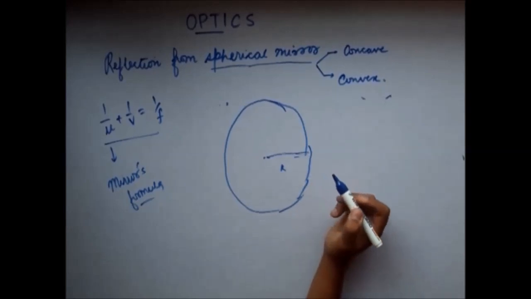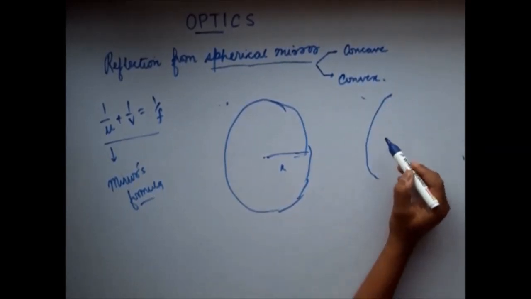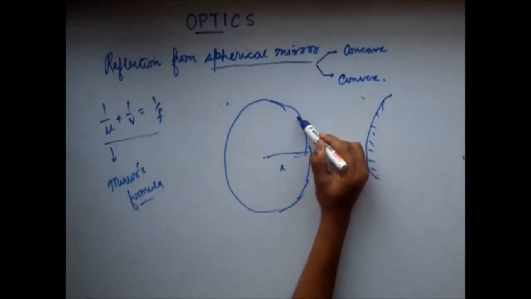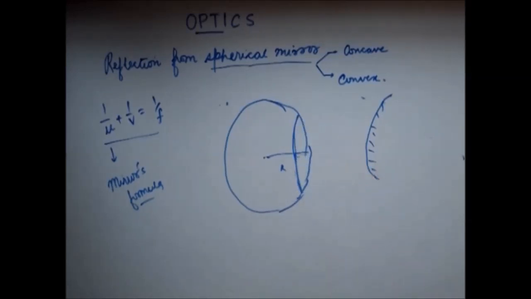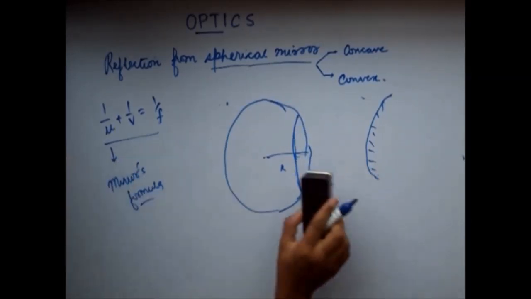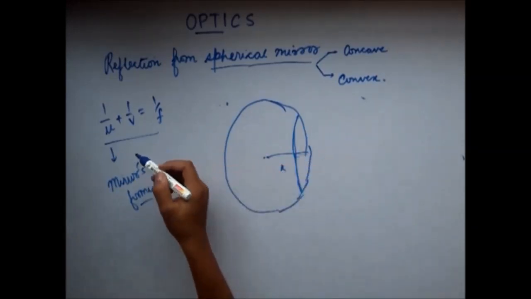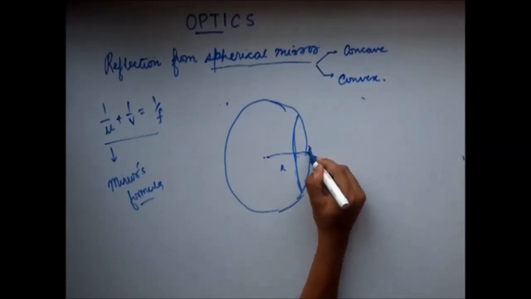So if I go by what we used to do before, I used to take a sphere like this. You may tell me that I'll cut a sphere like this big, but is this true? No, this is not true. When we talk of spherical mirrors, or the mirror formula, basically what we do is cut a very small portion out of this big sphere.